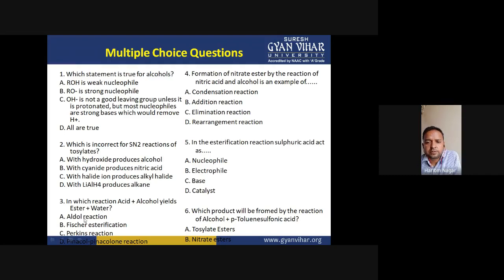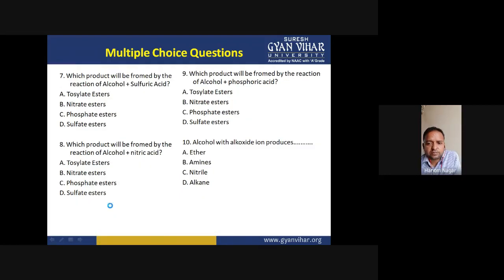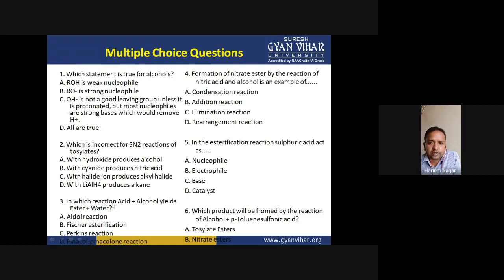In which reaction does acid plus alcohol yield ester and water? In the Fischer esterification reaction, this gives ester plus water. And in question number four, formation of nitrate ester by the reaction of nitric acid and alcohol is an example of the condensation reaction.